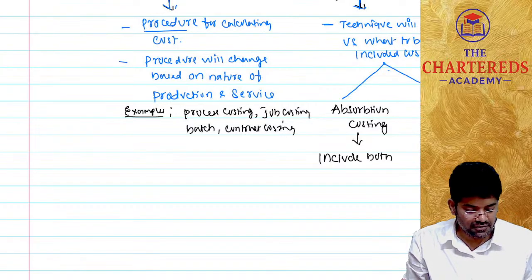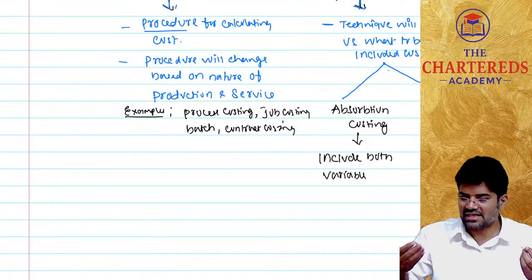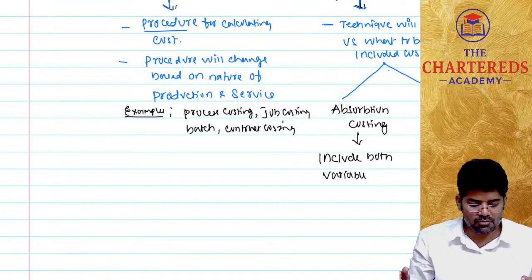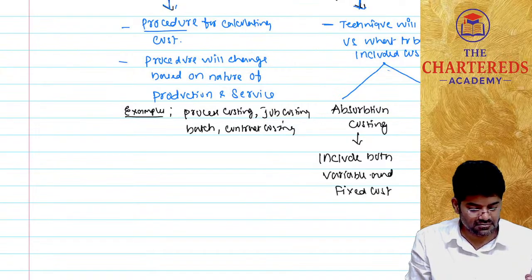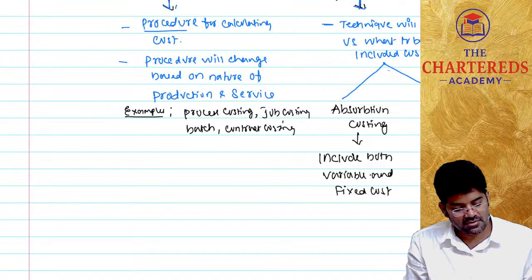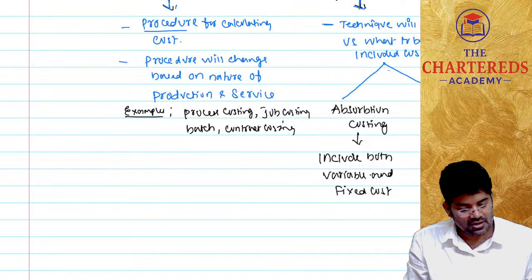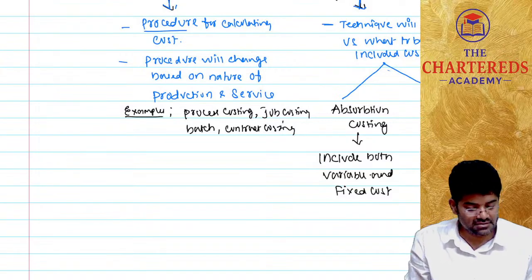I have not covered what exactly variable and fixed are, but I hope you have at least basic knowledge of variable and fixed cost. Marginal costing includes only marginal or variable cost.